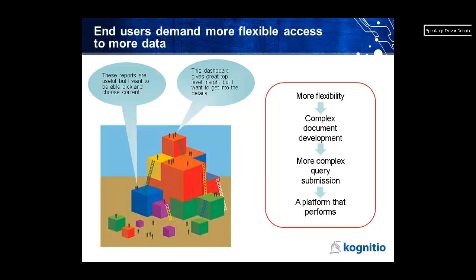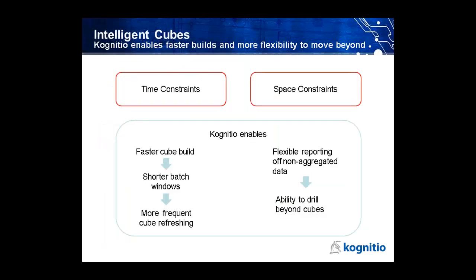Okay, that's just a few examples of how Kognitio and MicroStrategy work well together. One of the things that I want to cover in a little more detail before I give a few examples of performance is MicroStrategy Intelligent Cubes. For those who aren't familiar with these, they're basically cached reports that typically contain many aggregated measures over a series of attributes.